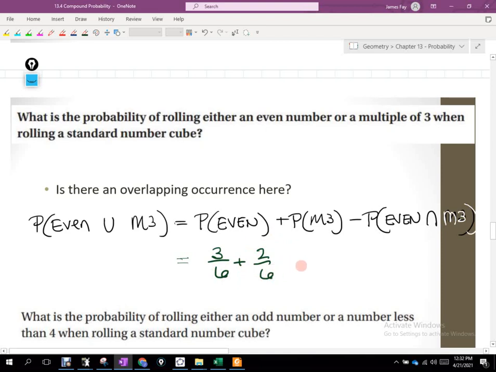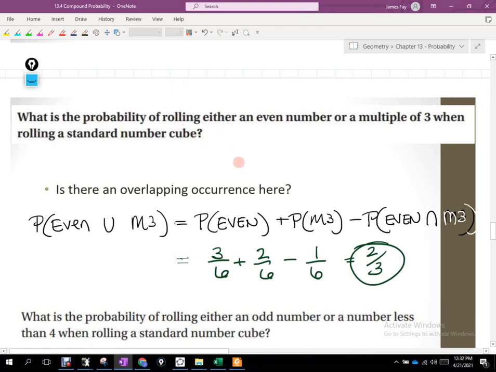Are any of those even and a multiple of 3? 6. So it would be 1 of the 6. So there's a 2/3 probability that I get an even number or a multiple of 3.